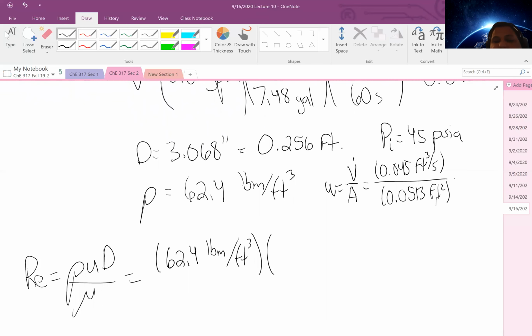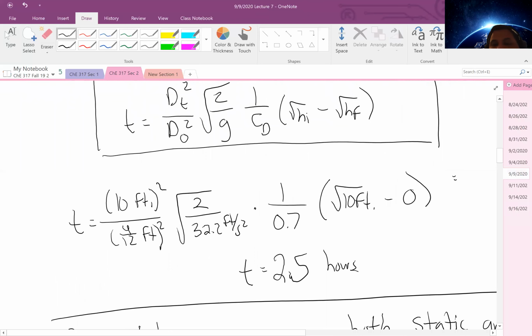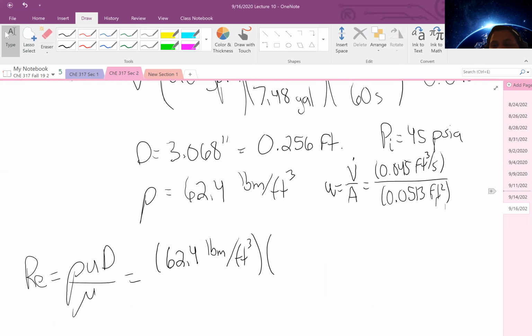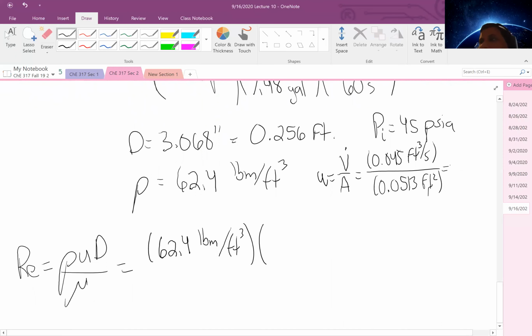If we do that calculation, we have a velocity of approximately 0.88 feet per second.